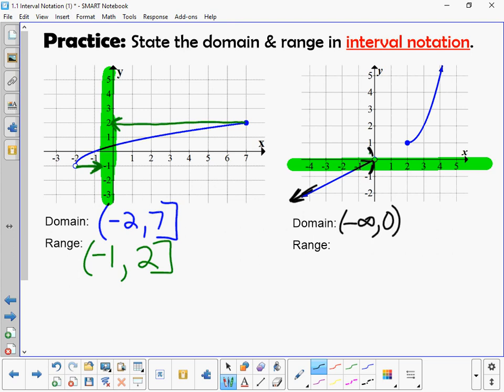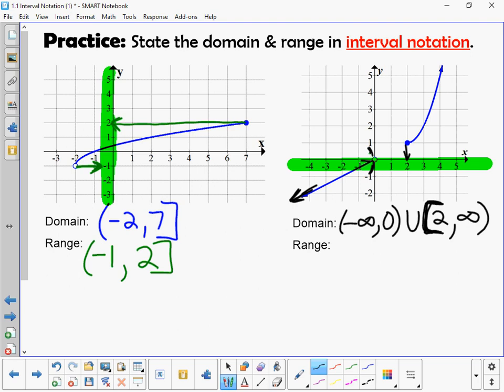And then we've got a whole lot of nothing, or we use our union symbol, or our x could be over here, starting at 2, and that's going to be a bracket. Sorry, I wrote a parenthesis there before I even looked at it. That's a square bracket. It includes 2 and goes up, and it's going out farther and farther out. It's going to go to infinity. That thing is going up a lot faster than it's going out, but it will keep going out to the right.